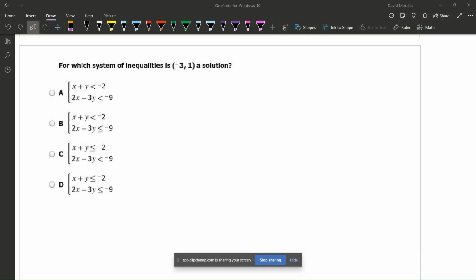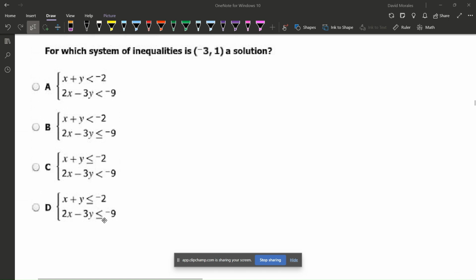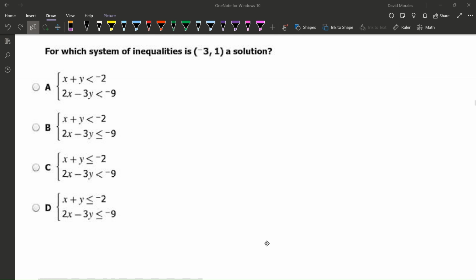Okay. So when we're dealing with systems of inequalities, it's easy to put this in Desmos, but you've just got to know how to read what you're looking at.